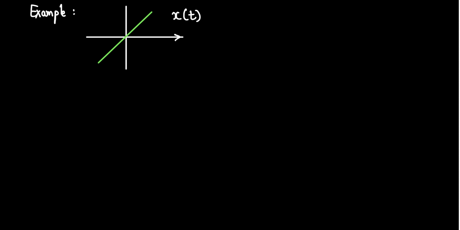Let's take one more case. Example. Let's say the example is like this. So the signal is simply x of t equals t.